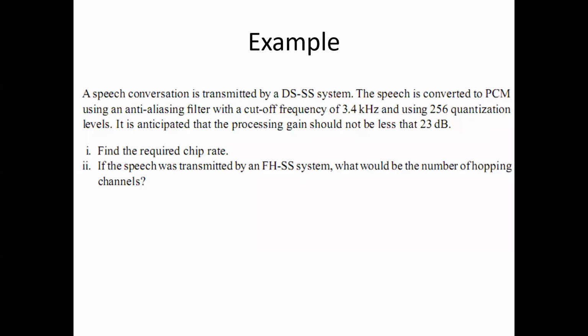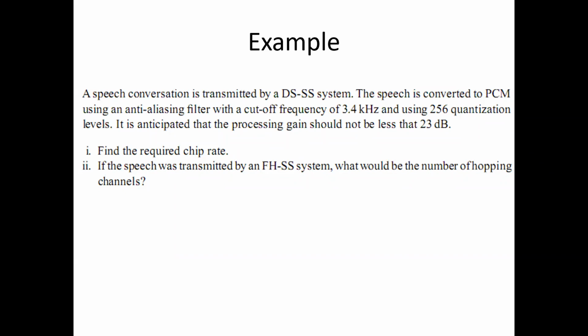Now the requirement: find the required chip rate.